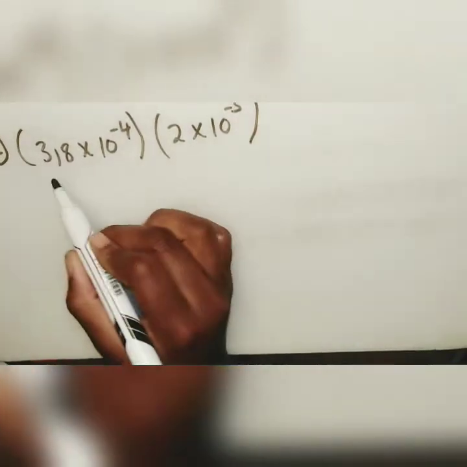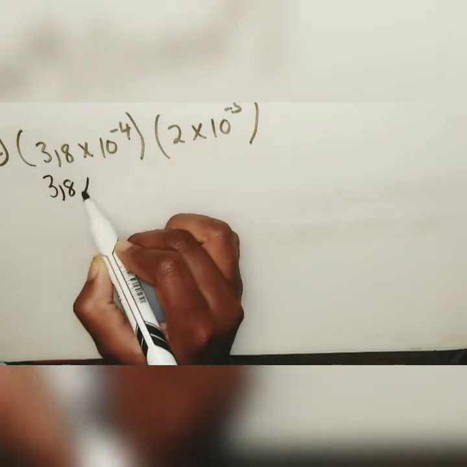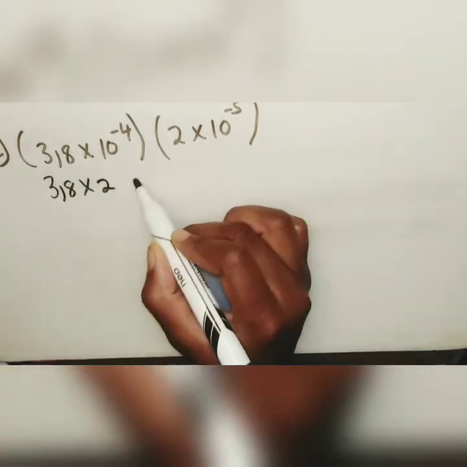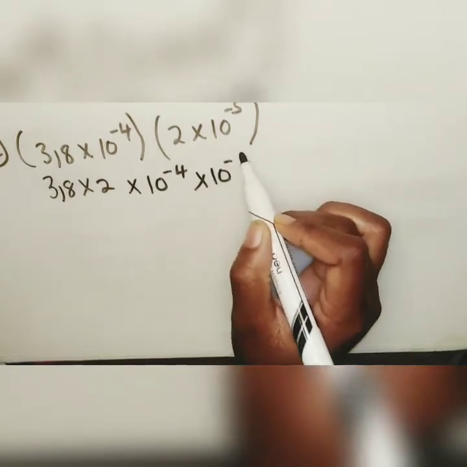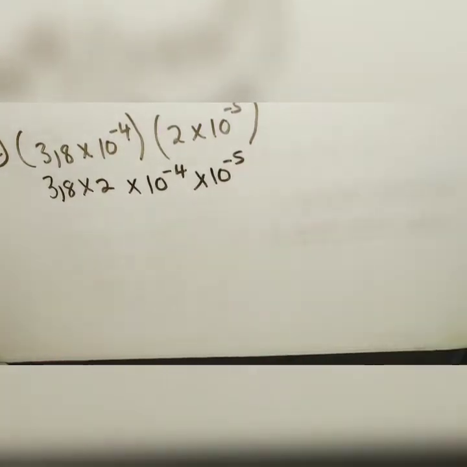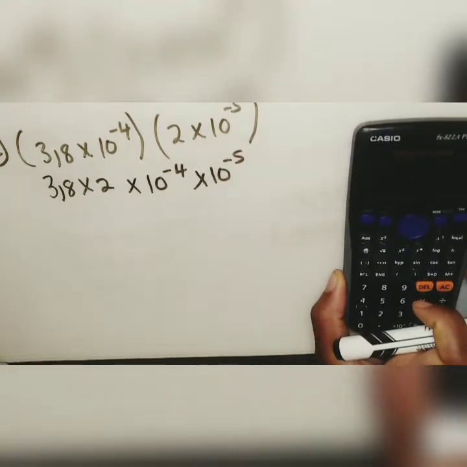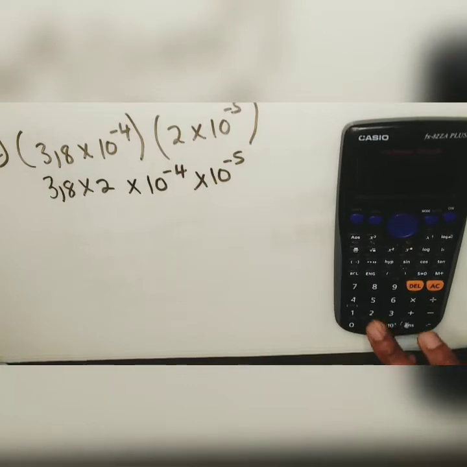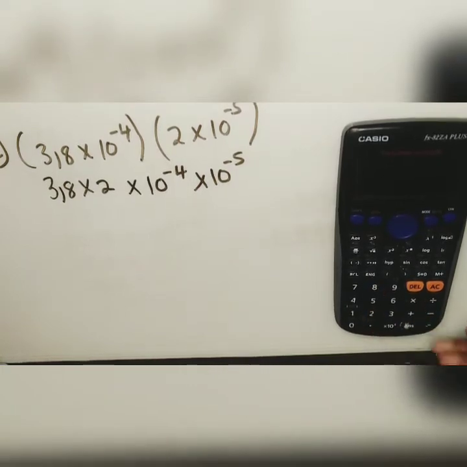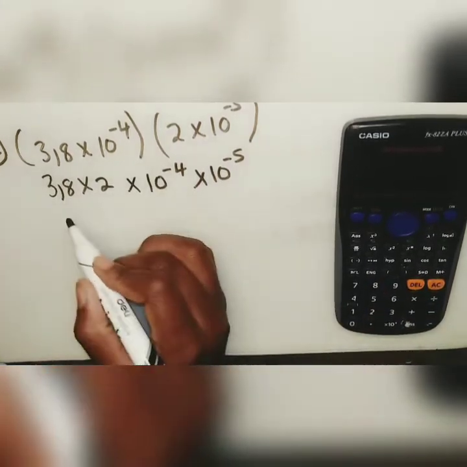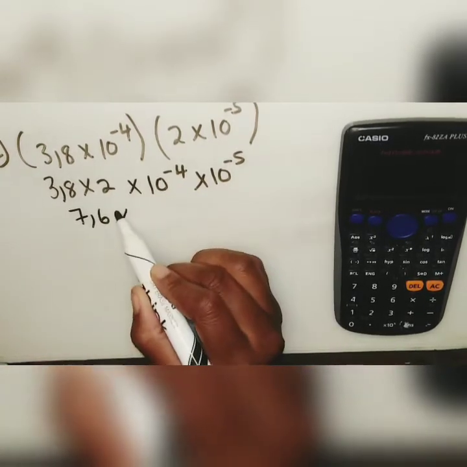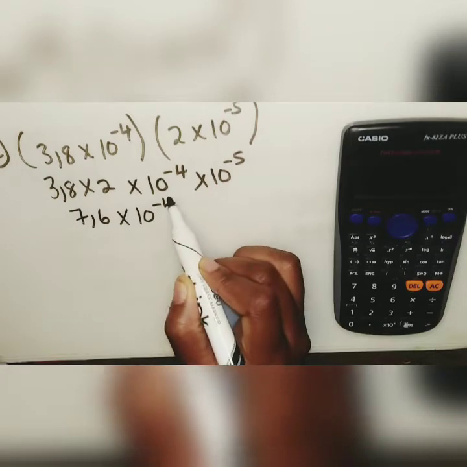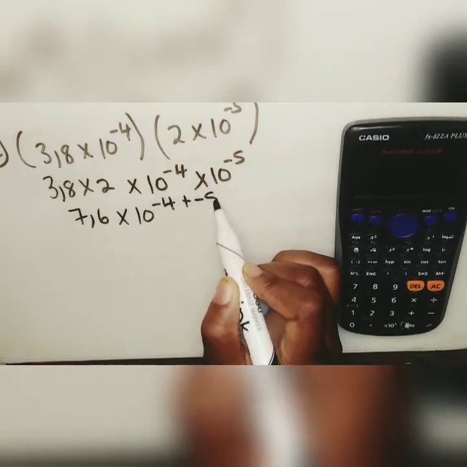So we simply say 3.8 times 2 times 10 to the power minus 4 times 10 to the power minus 5. 3.8 times 2 is just 7,6, times 10 to the power minus 4 plus minus 5.